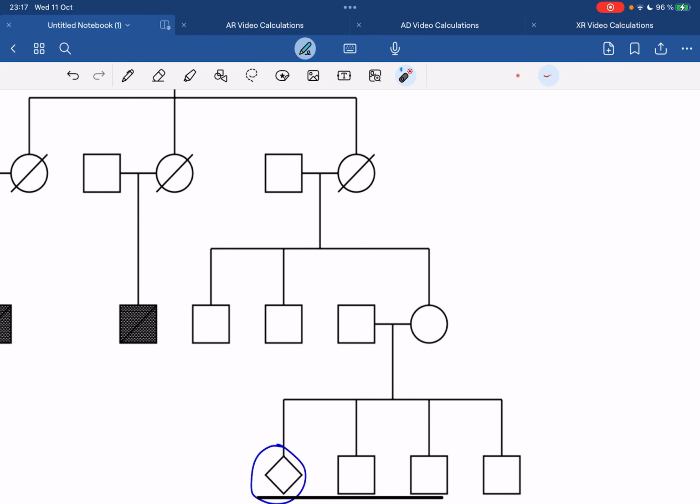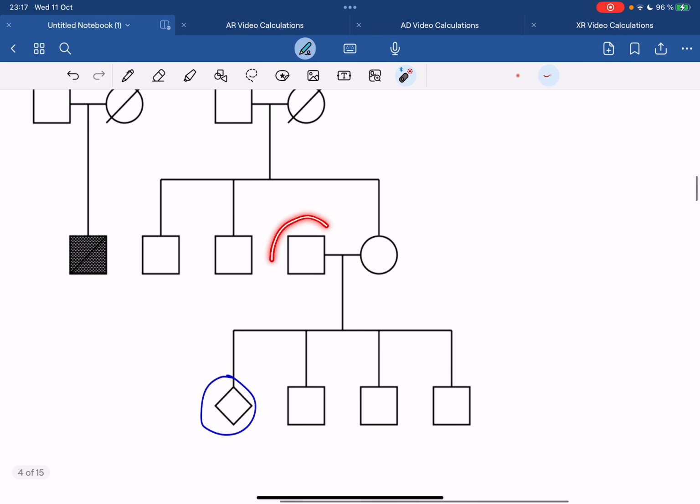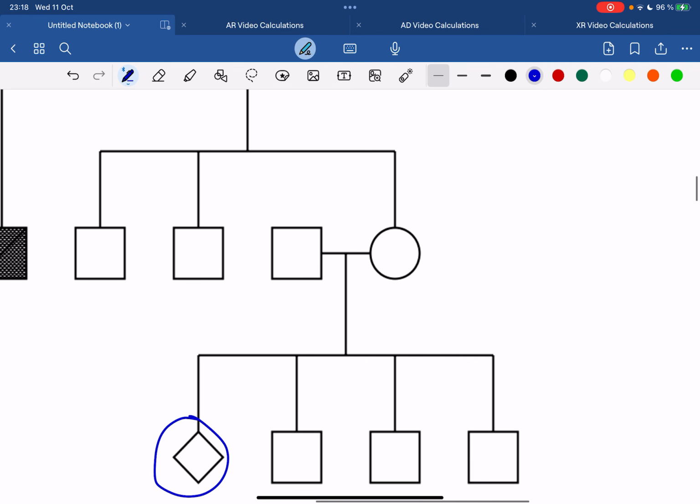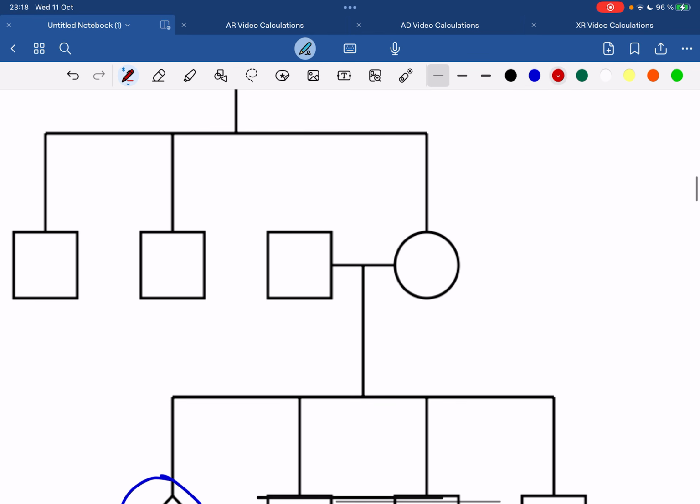So if we go back, this male right here, is he affected? Is he a carrier or anything? We know for absolute certain that he is not a carrier. There's 0% chance. Why? Because if he was a carrier, because of his carrier type, which is XY, he would be affected. He would be colored in. So we know for sure he's not.